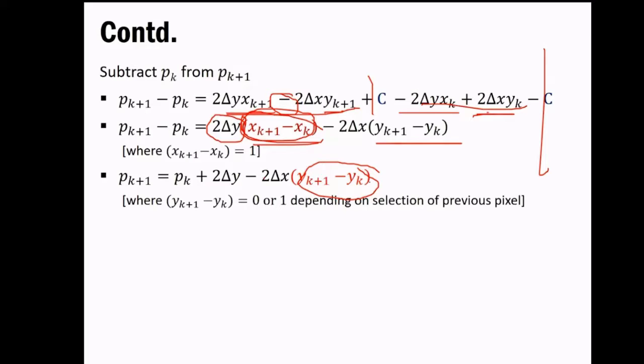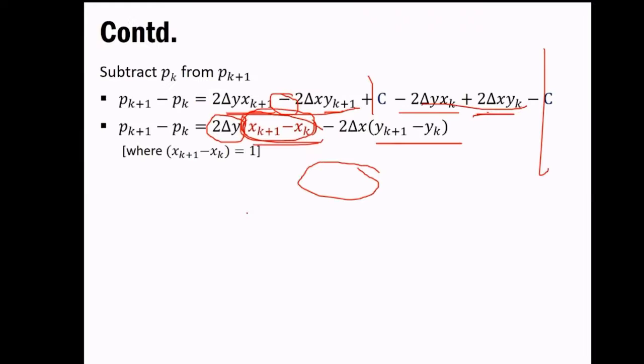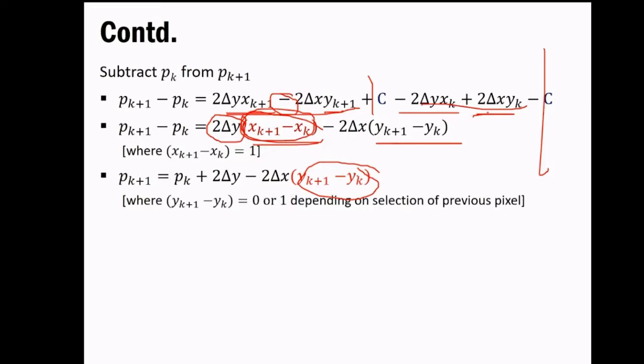If we are using 0, then we'll be getting pk plus 2 delta y. If we are substituting this thing with 0 value, then we'll be getting pk plus 2 delta y, and if we are using value 1, then we'll be getting pk plus 2 delta y minus 2 delta x.